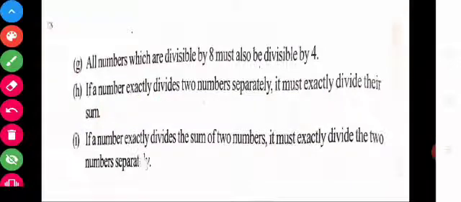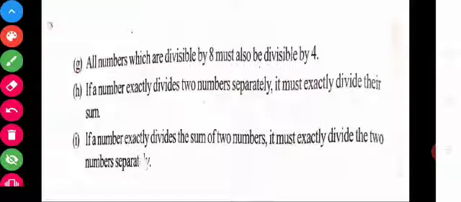The statement is true. If two given numbers are divisible by a number, then their sum is also divisible by that number.